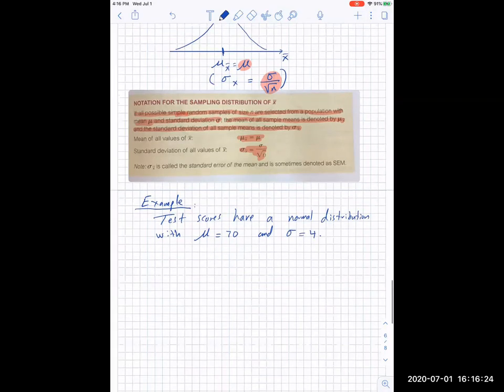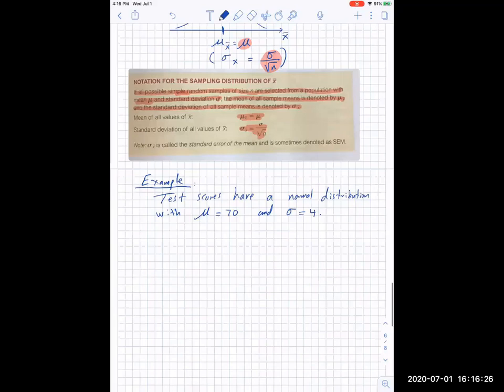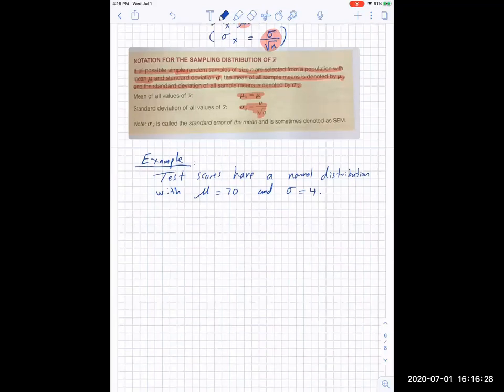We give a standard test to a population of students, and we found that the mean value is 70 and the standard deviation is 4. Okay, first part of the example.